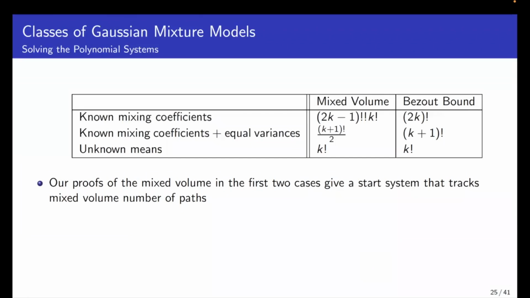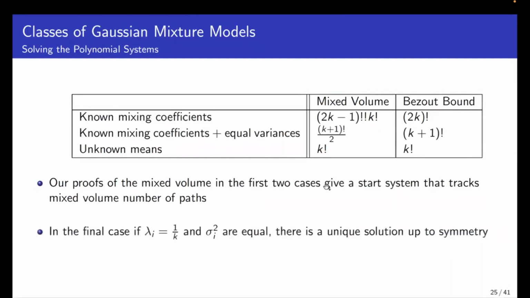The computer just can't compute a start system. So one nice thing about our results here is that our proofs of the mixed volume in the first two cases actually give a start system that tracks this mixed volume number of paths. So we're able to circumvent the standard bottleneck associated with polyhedral homotopy algorithms.